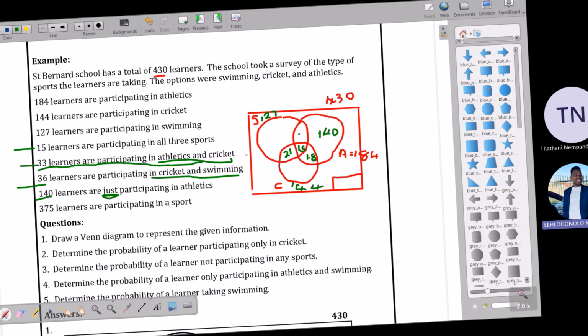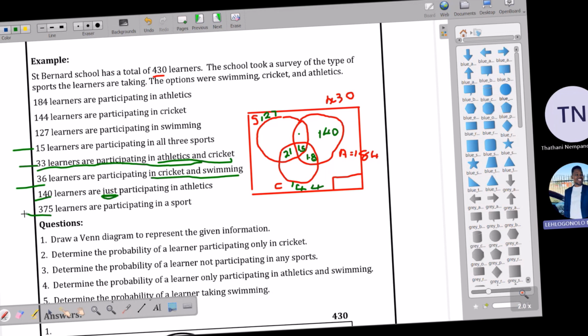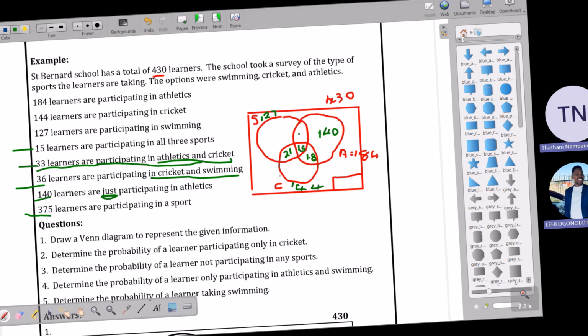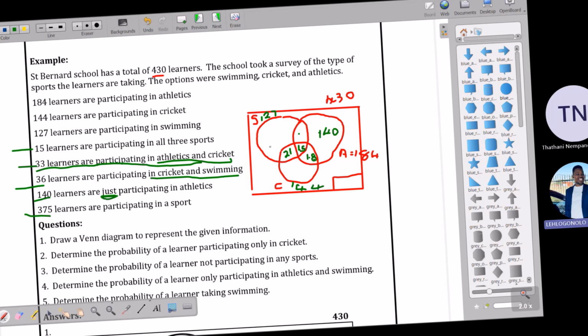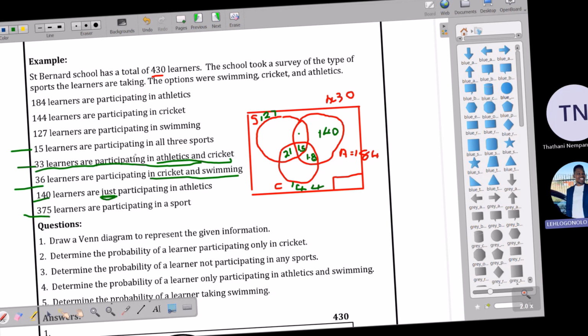Then the last part, they say 375 learners are participating in sports. So if 375 are participating in sports, they must be part of athletics, cricket, and or swimming. They must be doing any of the 3 sports. And if they're doing any of the 3 sports, those not participating are the remaining from 430 when we minus 375.